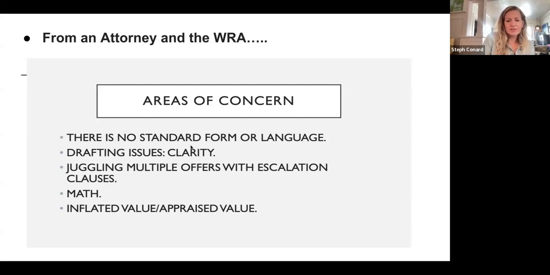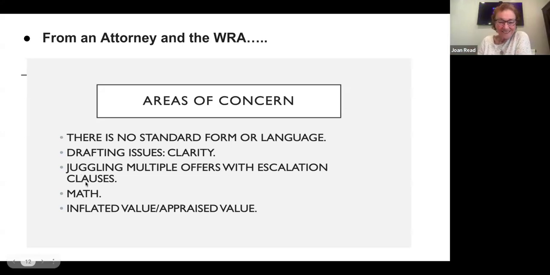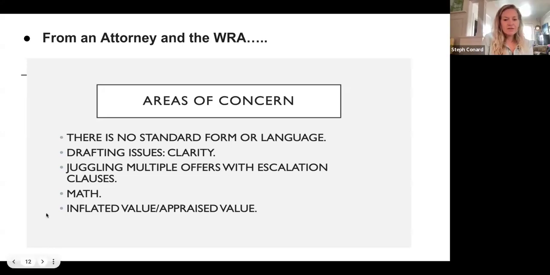So these were the things that they were trying to head off by creating the addendum A. There are still issues, I would say, with math, and with juggling multiple offers with the escalation clauses.